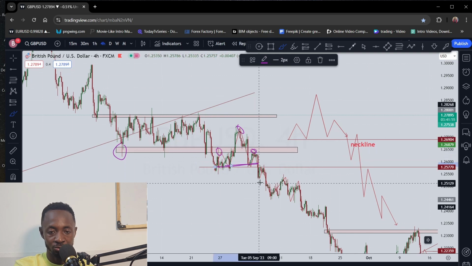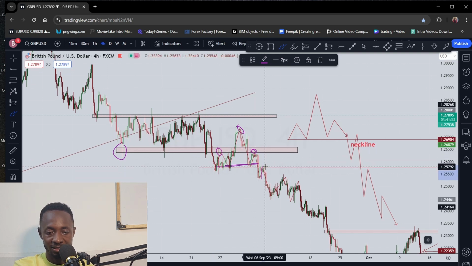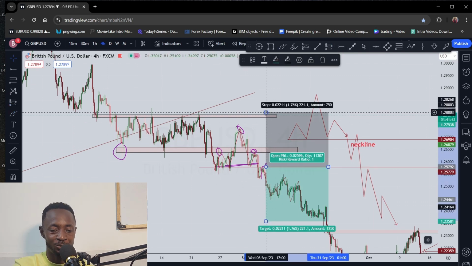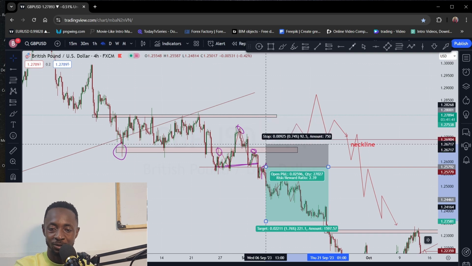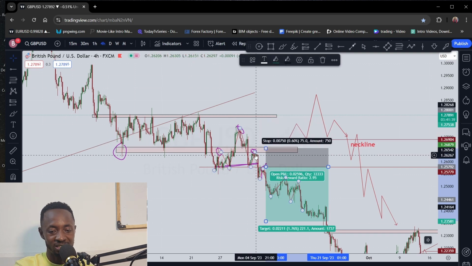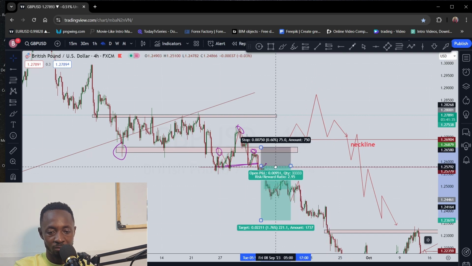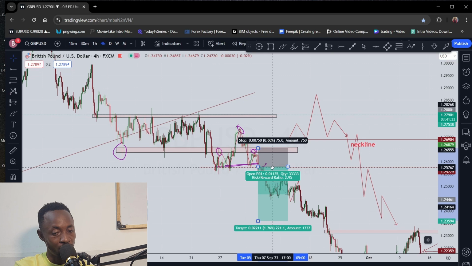Remember, I just showed you that now. This place is what you see here. What did it do? It broke below it, came back to test it, and it could not close above it. That's to tell you that the market wants to drop. Then it is at this point, that's why I told you Forex is patient. It's at this point you sell and put your stop loss just above the shoulder, this shoulder.